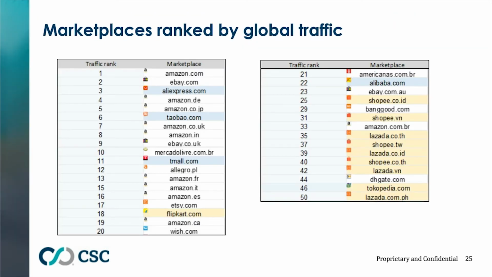So, changing focus slightly from social media to marketplaces now, one of the things that we often get asked by clients is which marketplaces should we monitor? Which ones do you recommend, CSC? We would recommend considering three things when choosing a focus group of marketplaces to monitor for infringements.